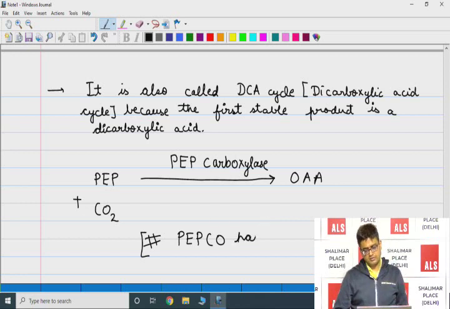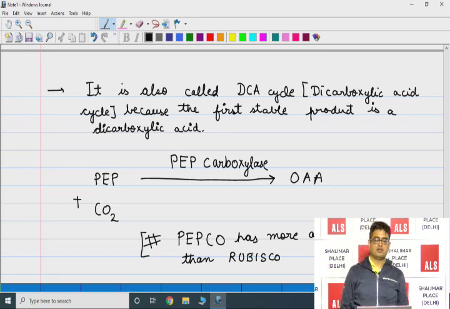PEPCO has more affinity for CO2 than Rubisco.